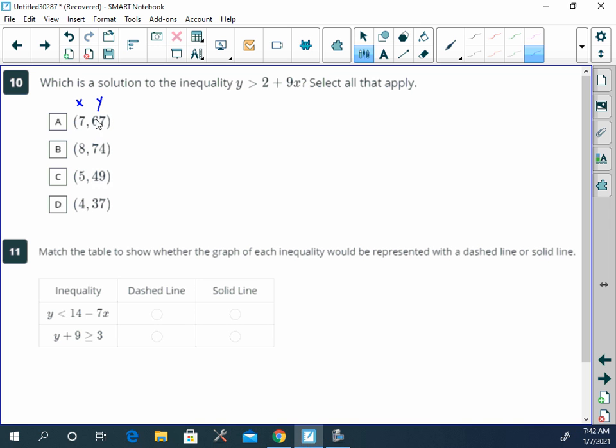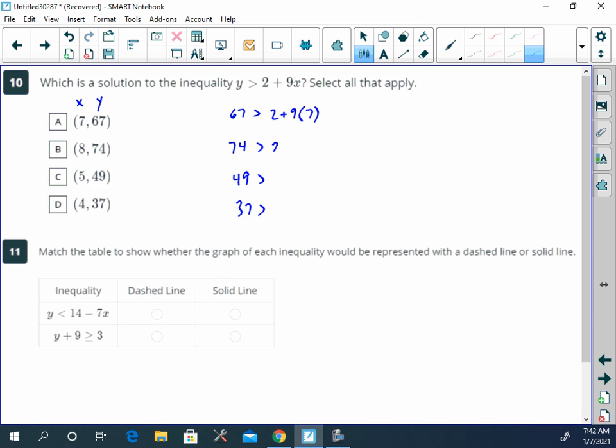So my y value for the first one is 67. And I'm just going to list them all out, 74, 49, and 37. And then we're trying to figure out, is it greater than, and for the first one, it's 2 plus 9 times 7, because that's my x.